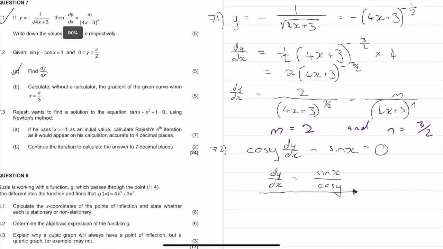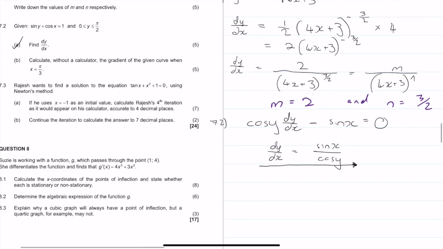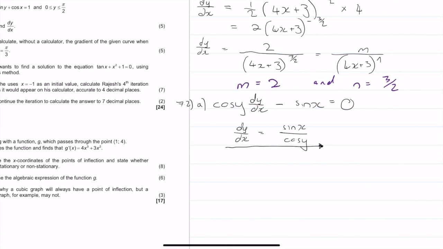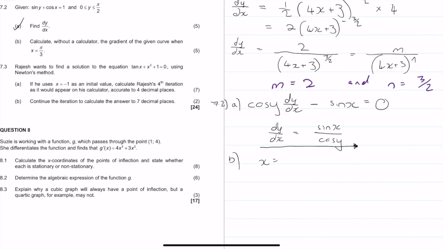Then it says calculate, without a calculator, the gradient of the given curve when x equals pi over 3. That was part A, and for part B we are given that x is equal to pi over 3 and we want to calculate the gradient.